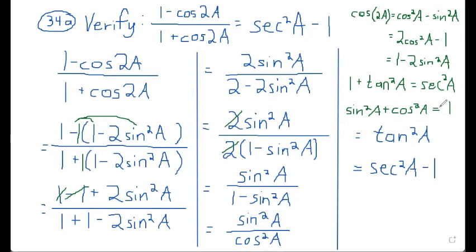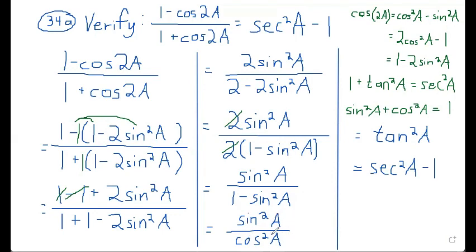So we're just going to have cosine squared of A on this side, and then on the right side we have 1 minus sine squared of A. So 1 minus sine squared of A is actually equal to cosine squared of A. So now we can replace 1 minus sine squared of A with cosine squared of A. All right, so now we have sine squared of A over cosine squared of A.